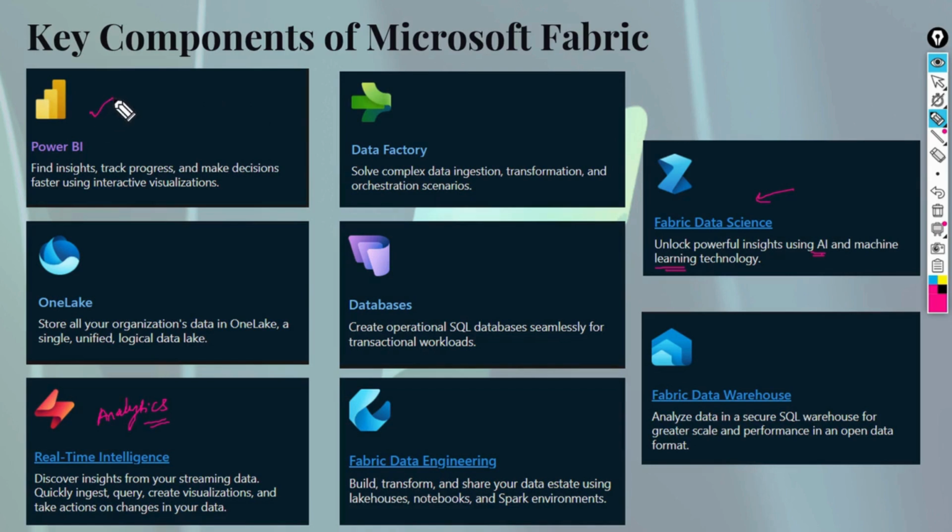You can get insights, visualize the data, do analysis, and use OneLake as one storage place. Then Data Factory solves complex data ingestion, transformation and orchestration scenarios. In databases, you can use SQL, T-SQL, KQL; all of those are available. This is how OneLake, or Microsoft Fabric, works.